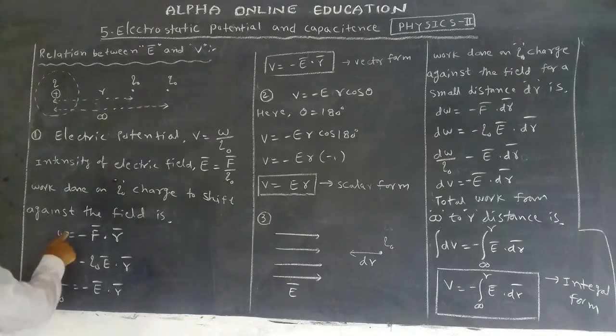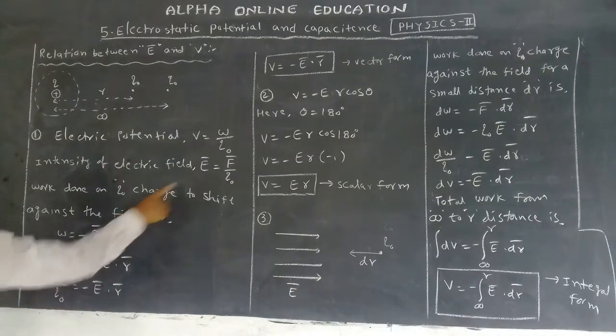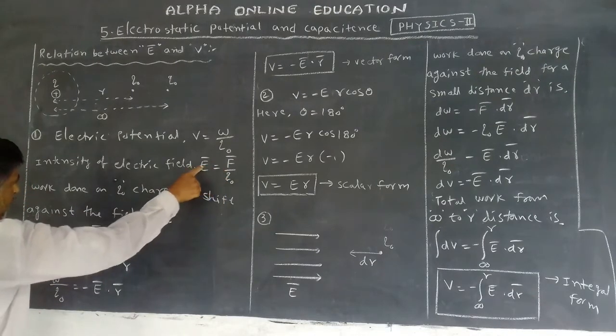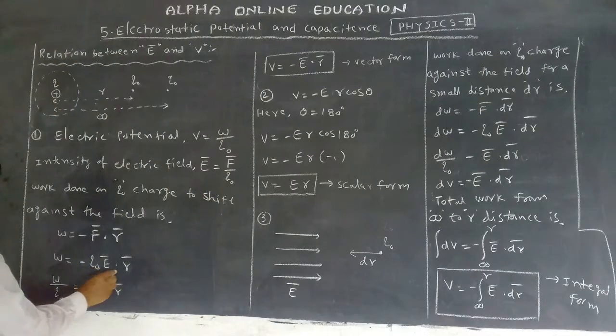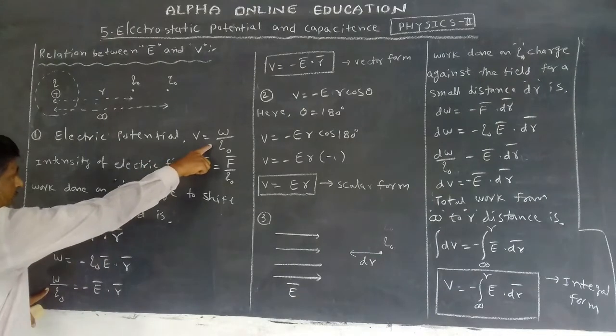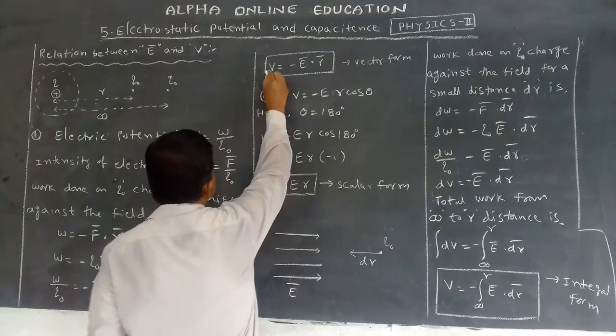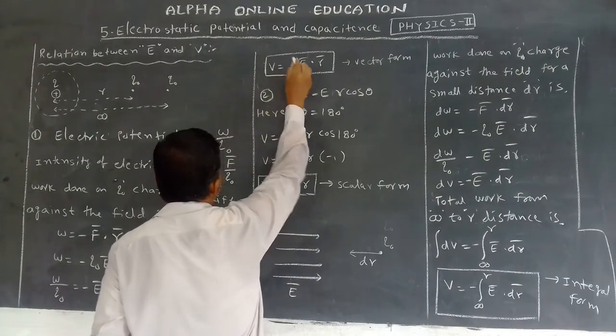W is equal to minus F bar dot R bar. What is F bar? F bar is equal to Q naught E bar. Substituting, W by Q naught, which is V, gives V is equal to minus E bar dot R bar.